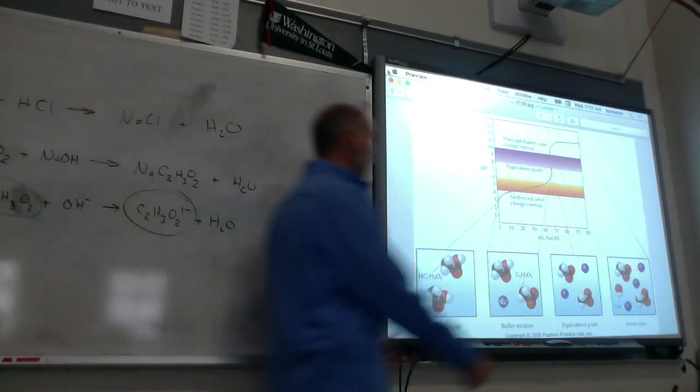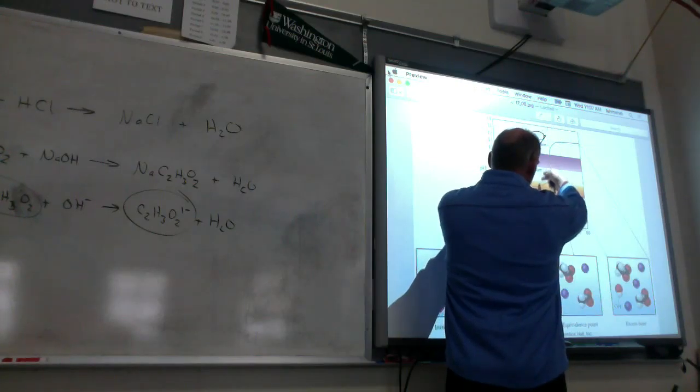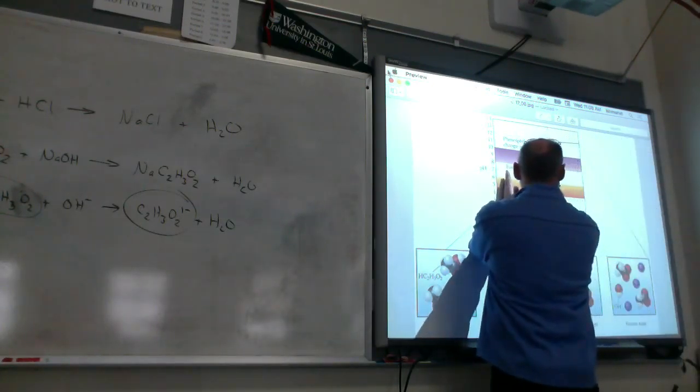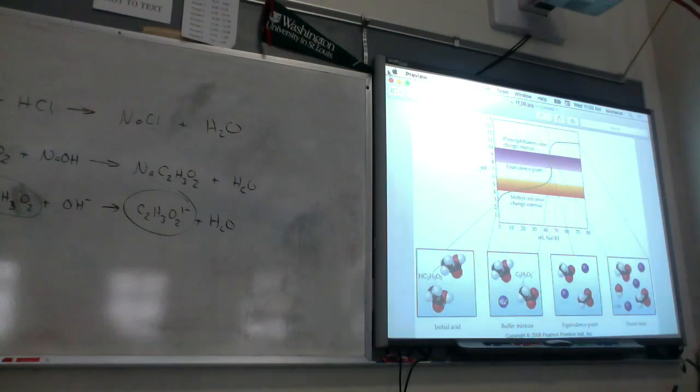So this region right here, this relatively high slope here, is the buffering region. Now, if you recall, you'll want to label that if you can on your graph. It's called the buffering region. On this graph, I'll show you where. An entire region there is the buffering region.